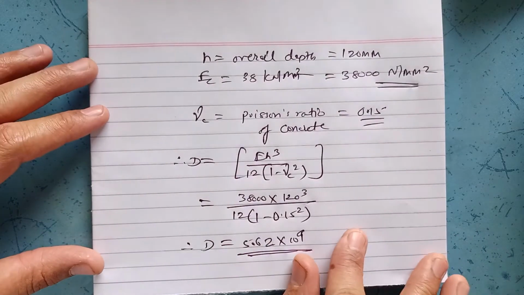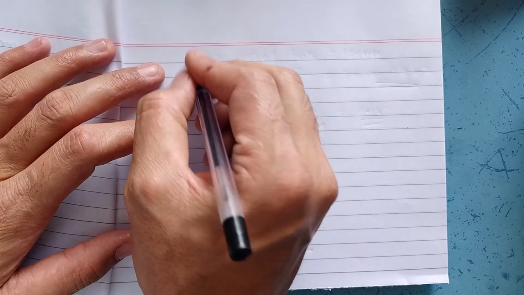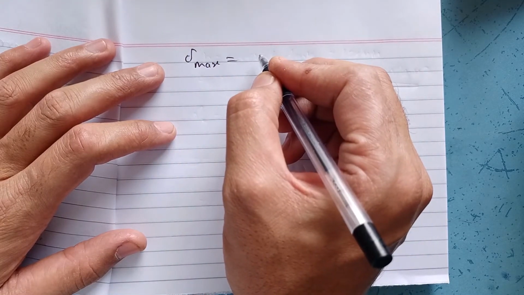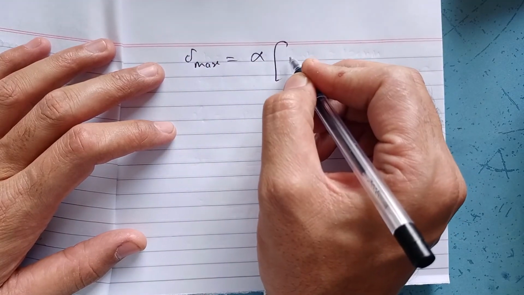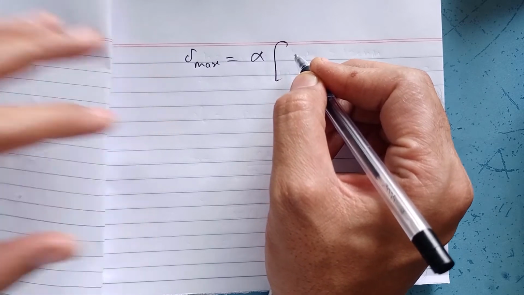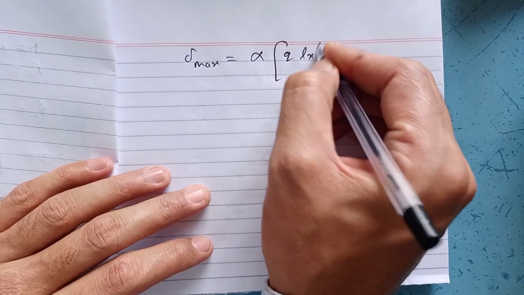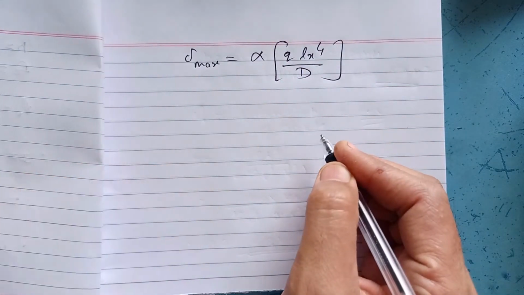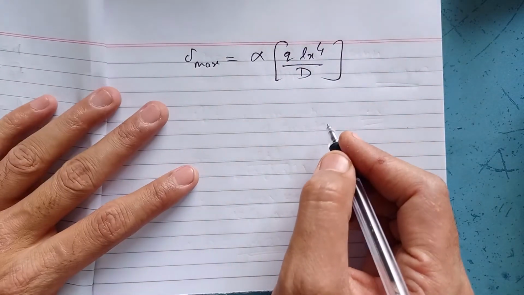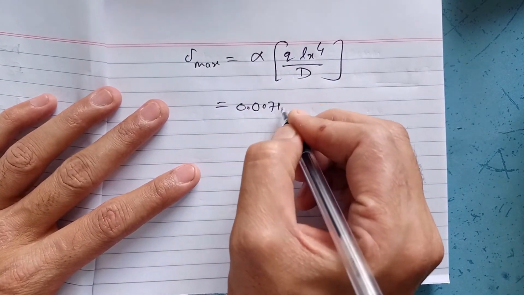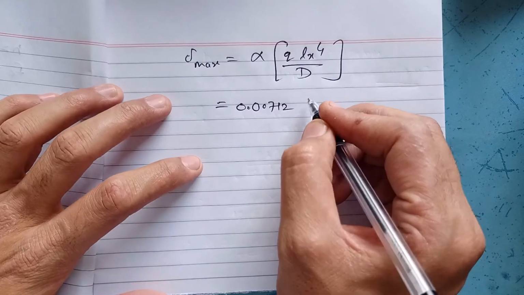Now we will calculate deflection delta max, and it is calculated by the formula given by Timoshenko, which is alpha into Q Lx raised to 4 divided by D. Substituting all the values, alpha coefficient is 0.00712 as per Timoshenko.